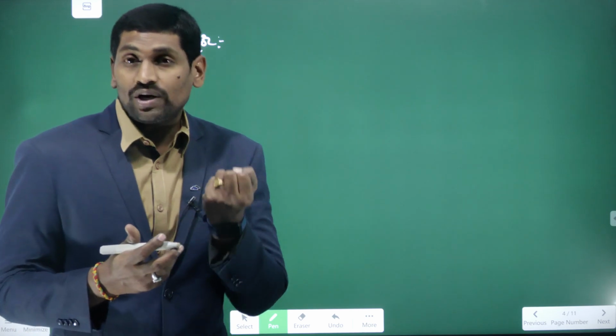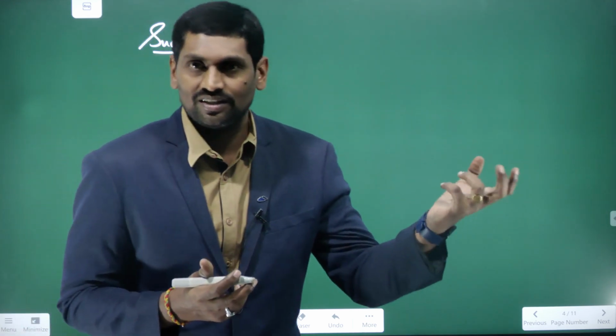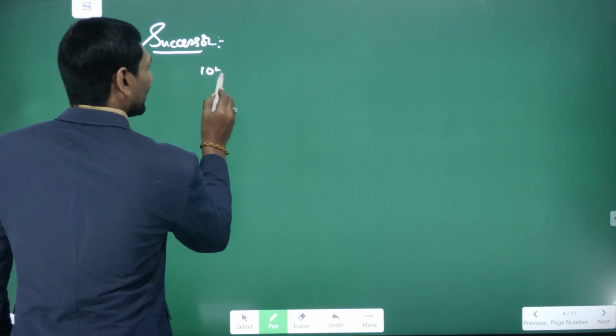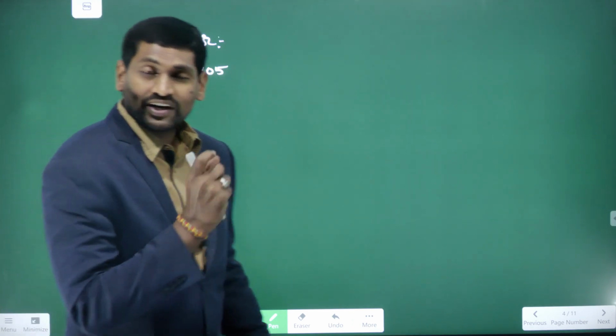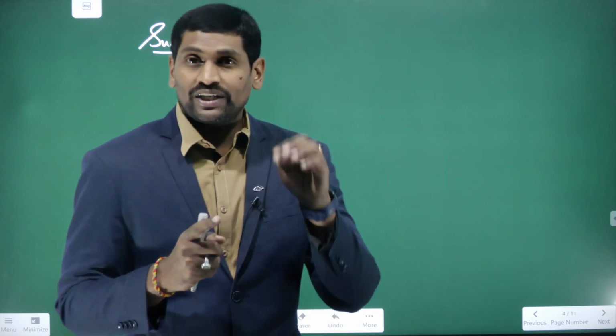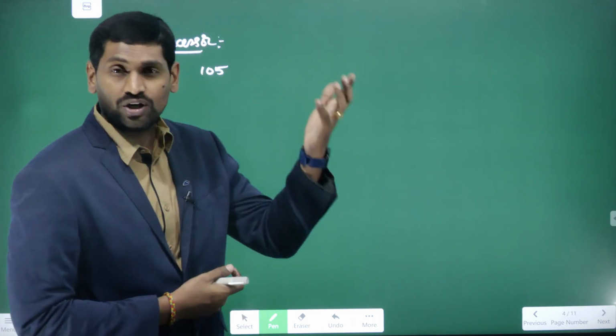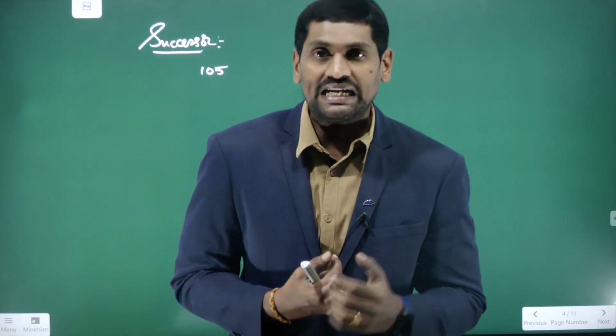To get the successor of any number, we add 1. For example, take 105. We can say that 105 is a natural number, whole number or integer, because all natural numbers are whole numbers, and all whole numbers are integers.